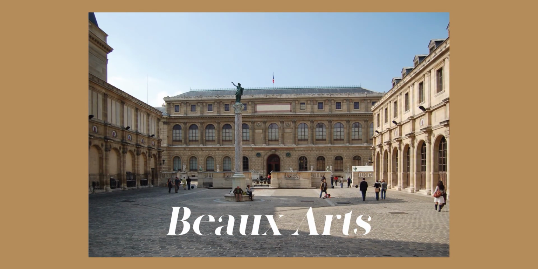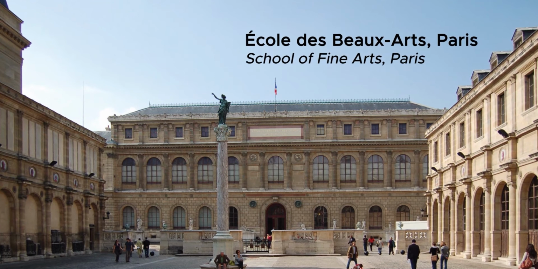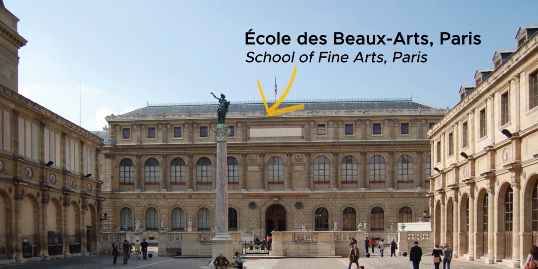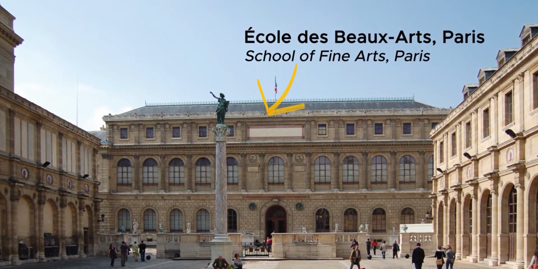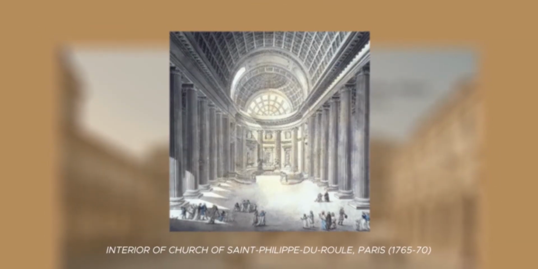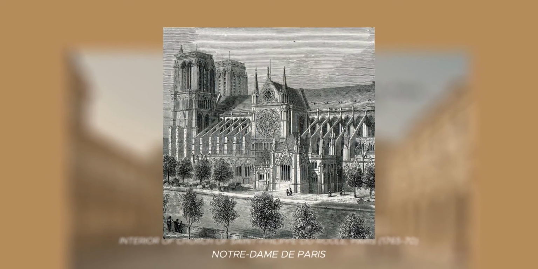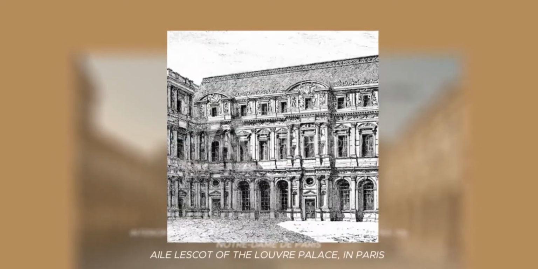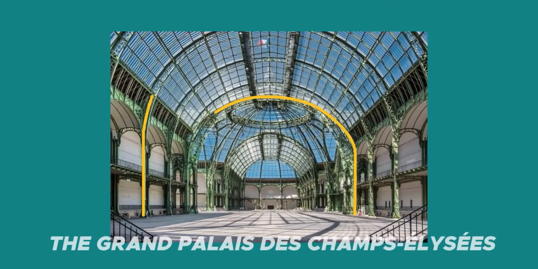This academic style originated in the Fine Arts School in Paris in the mid-1830s. It established a language that referred to other periods, such as French neoclassicism, Gothic architecture, and the Renaissance. However, it also employed contemporary materials such as glass and iron.